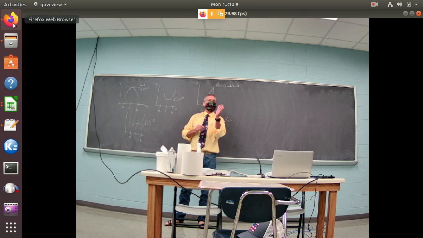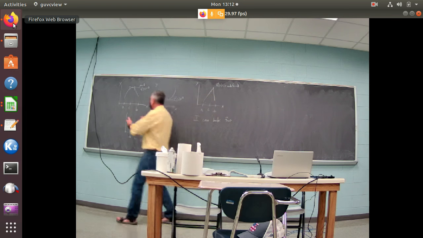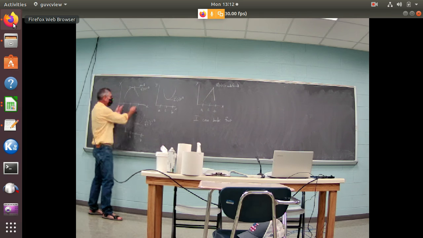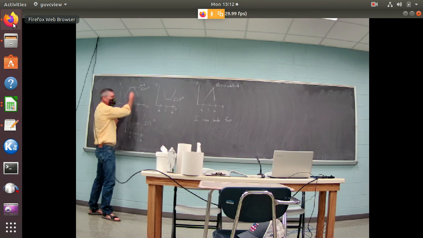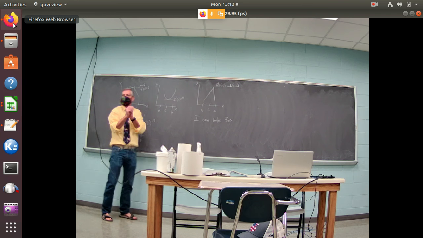Now, how small? As small as it needs to be. In this case, the interval could be as big as from A to B. But if I made it more jagged, I might have to have smaller intervals.